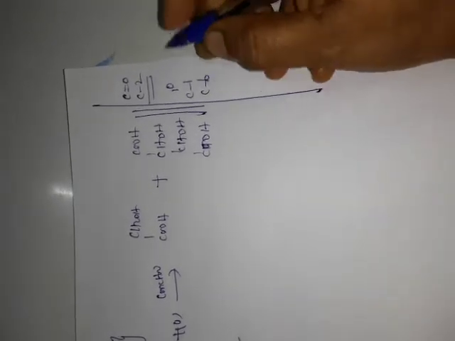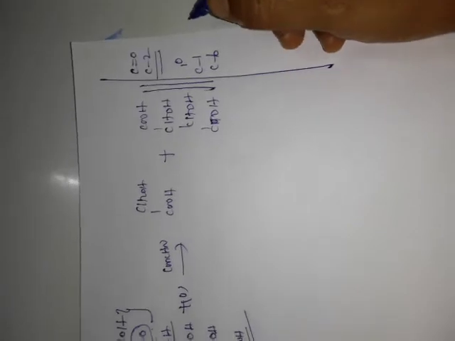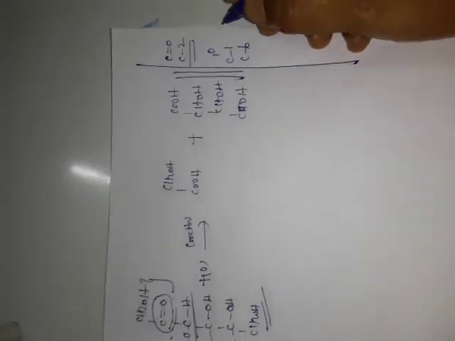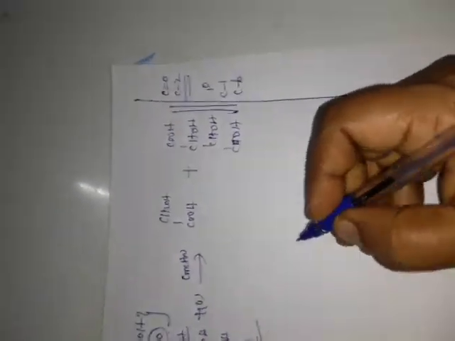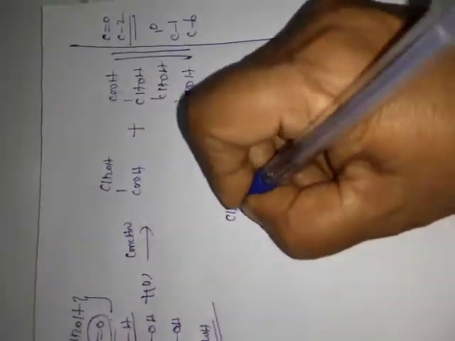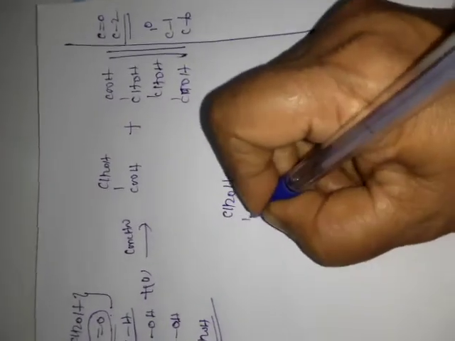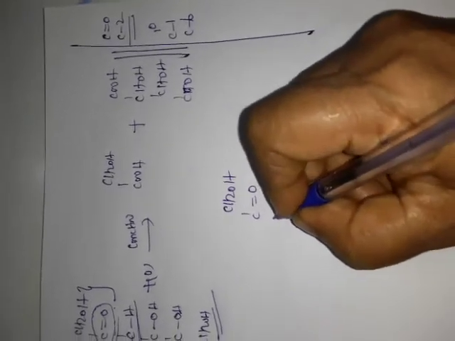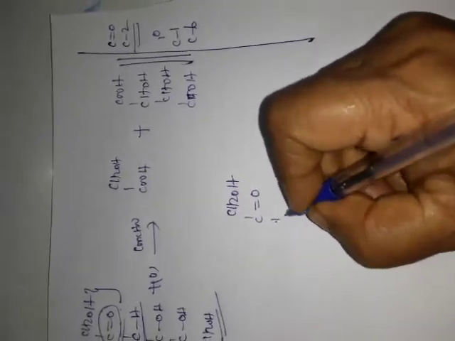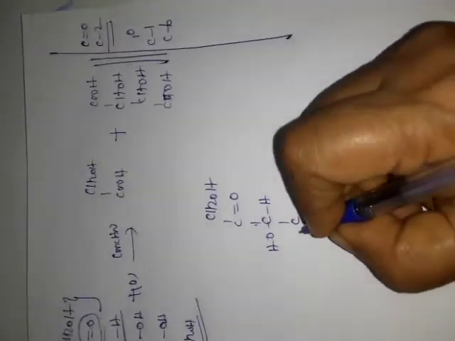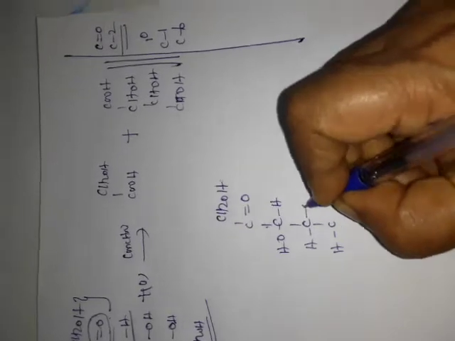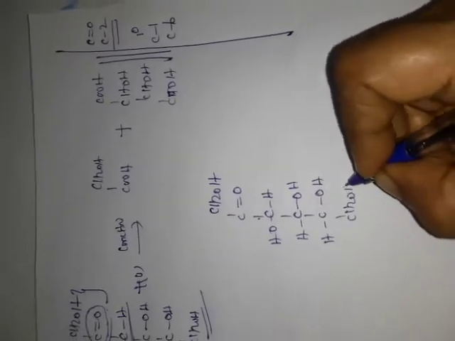Based upon these evidences, I taught 7 points. From these 7 points, the structure of fructose can be written as CH2OH, C double bond O, that is the keto group in the second carbon, COH, CH, OH, CH2OH.